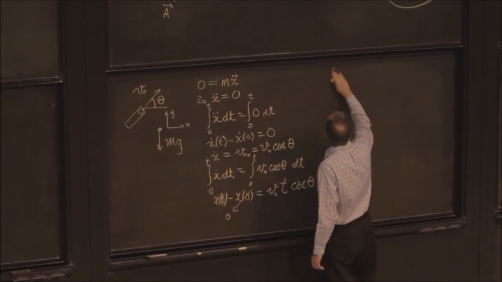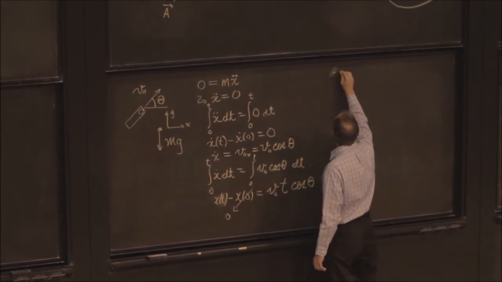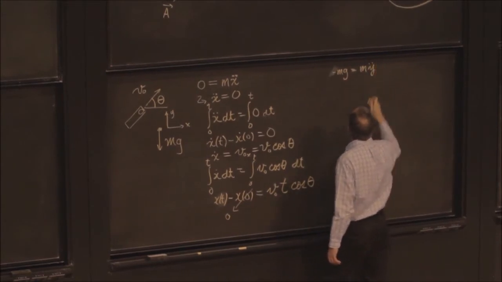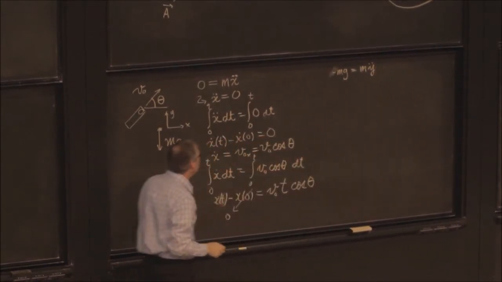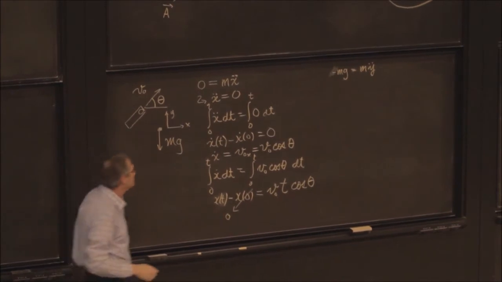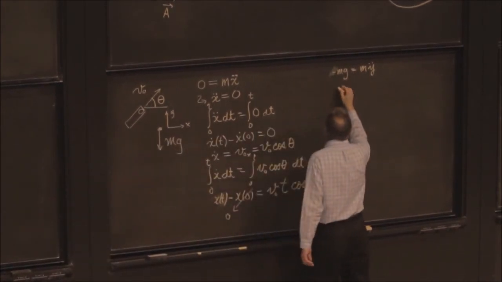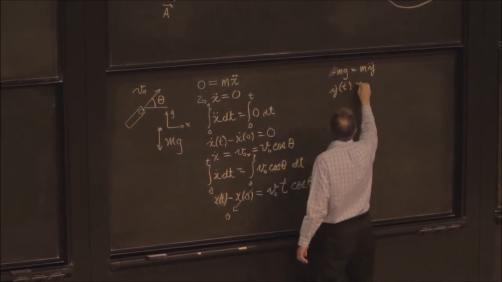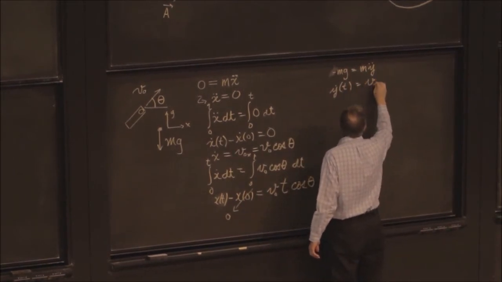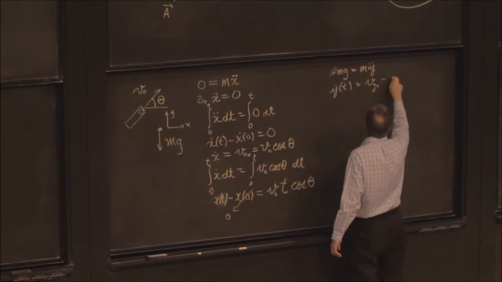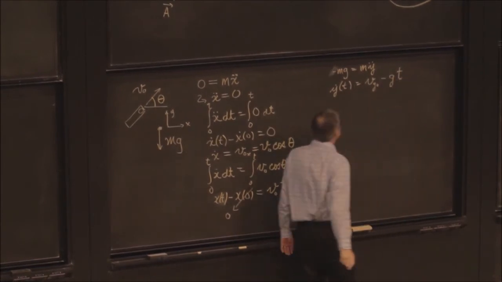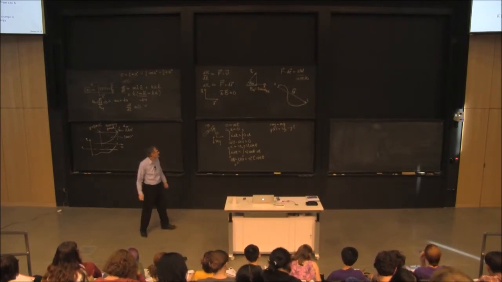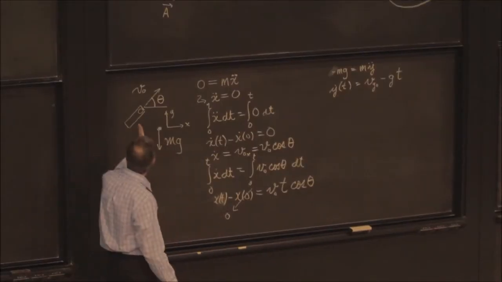Over here, we have the sum of the forces in the y. That's minus mg is equal to m y double dot. And with your kind permission, we'll integrate with less writing. So we get that y dot of t is equal to vy naught minus gt. What's vy naught? Let's see.